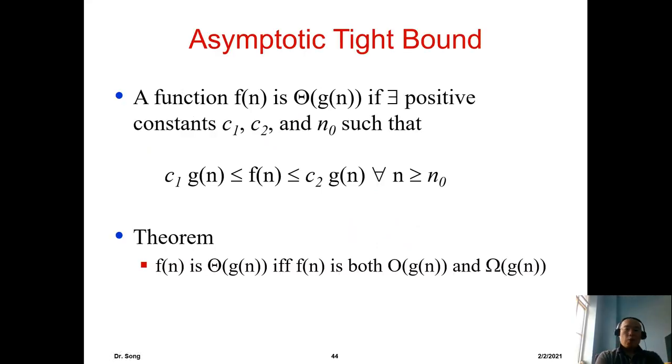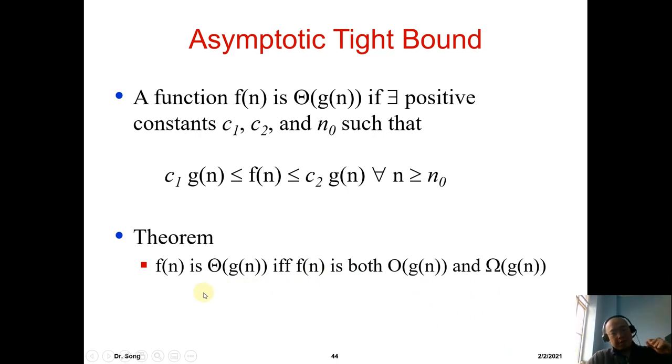Okay, so if we have a polynomial that is both big O g(n) and also big omega g(n), then we say that is big theta g(n).